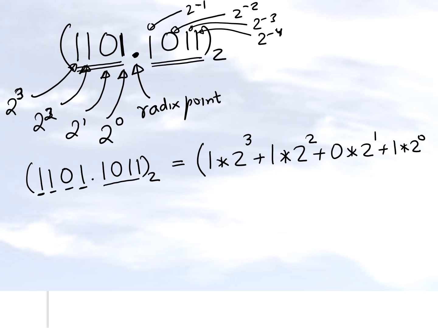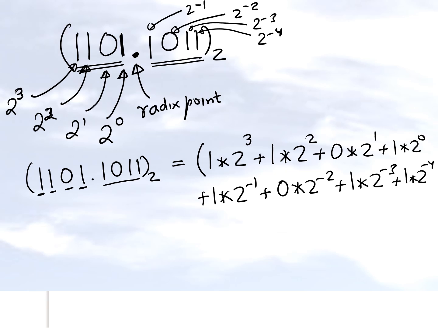Then let's look at the fractional part. It will be 1 times 2 to the power minus 1 plus 0 times 2 to the power minus 2 plus 1 times 2 to the power minus 3 plus 1 times 2 to the power minus 4.